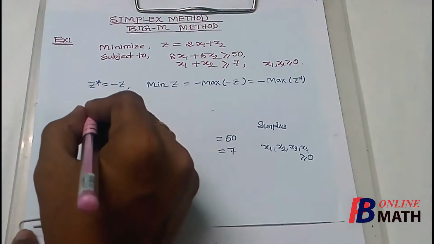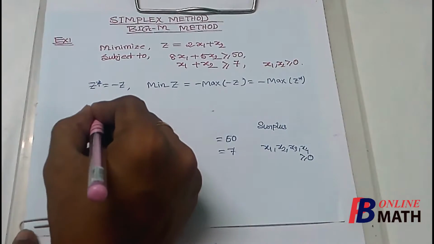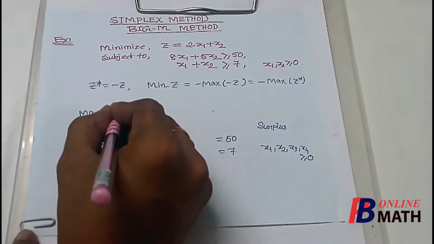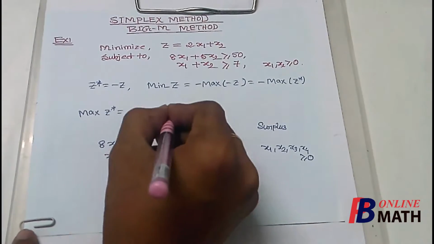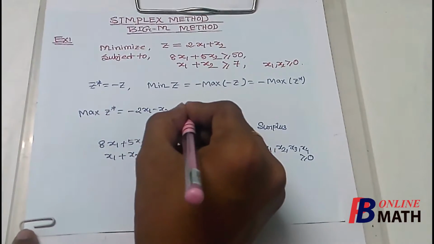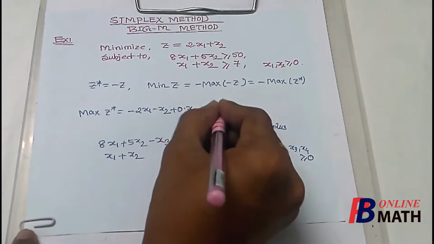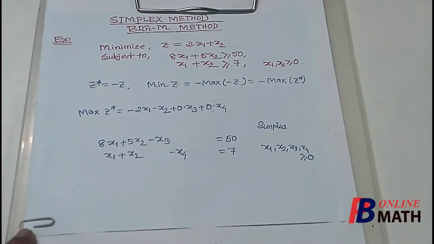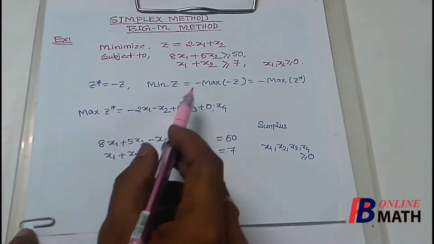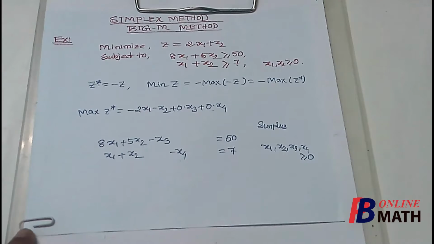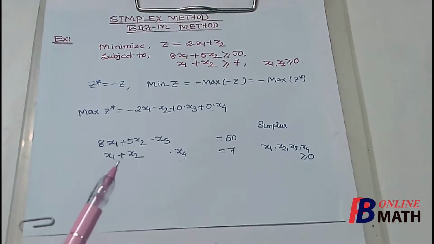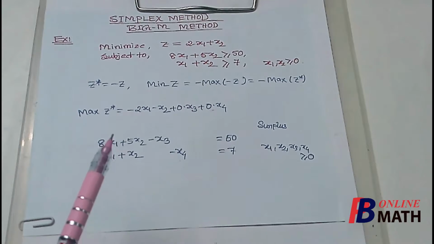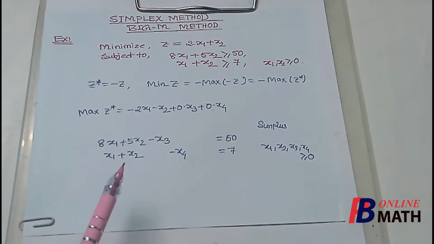We write the objective function, that is max z star equal to minus 2x1 minus x2 plus 0 into x3 plus 0 into x4, because z star equal to minus z. So this is the modified problem. We have to find the maximum of z star subject to these two equations.